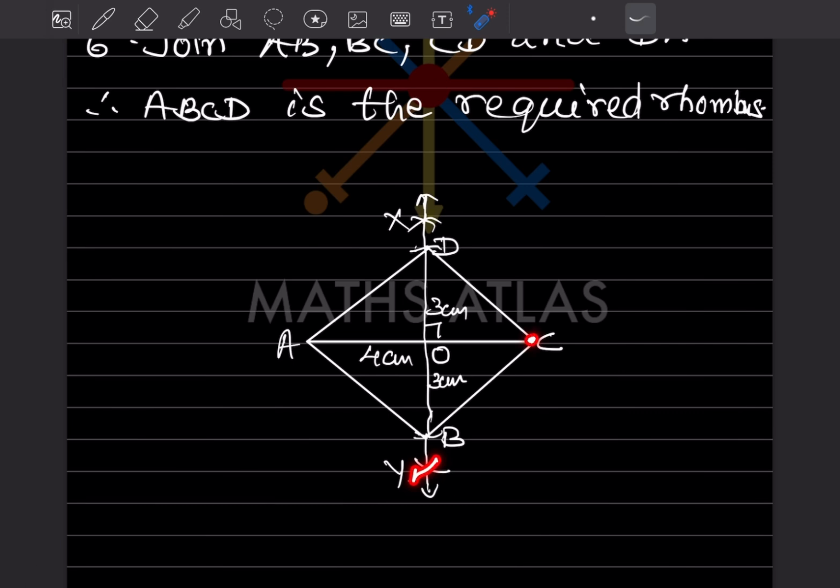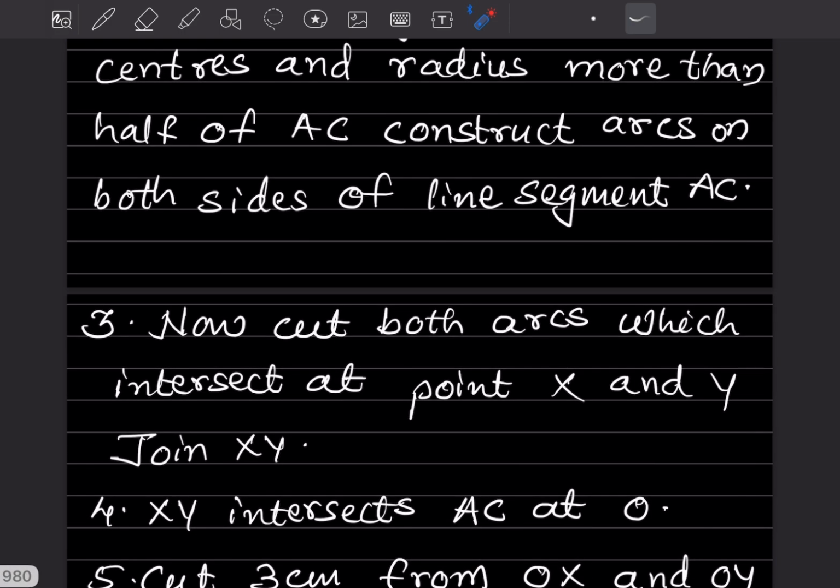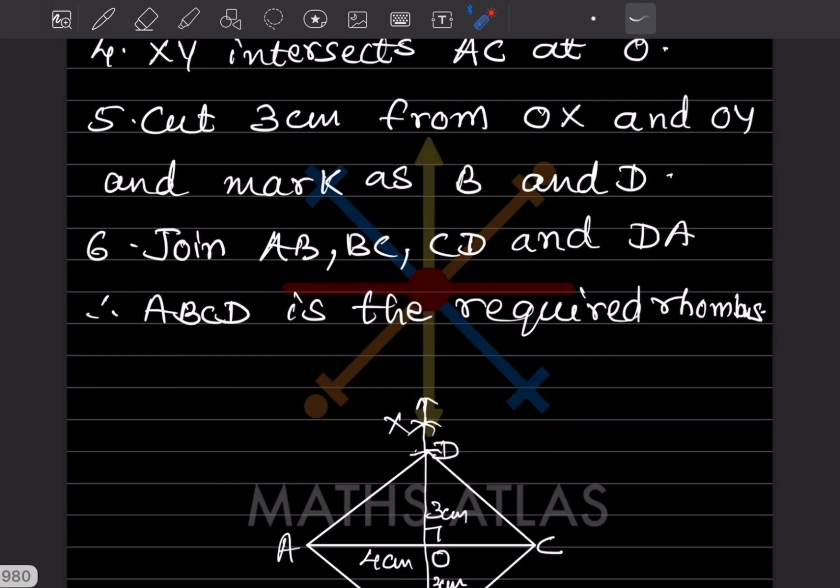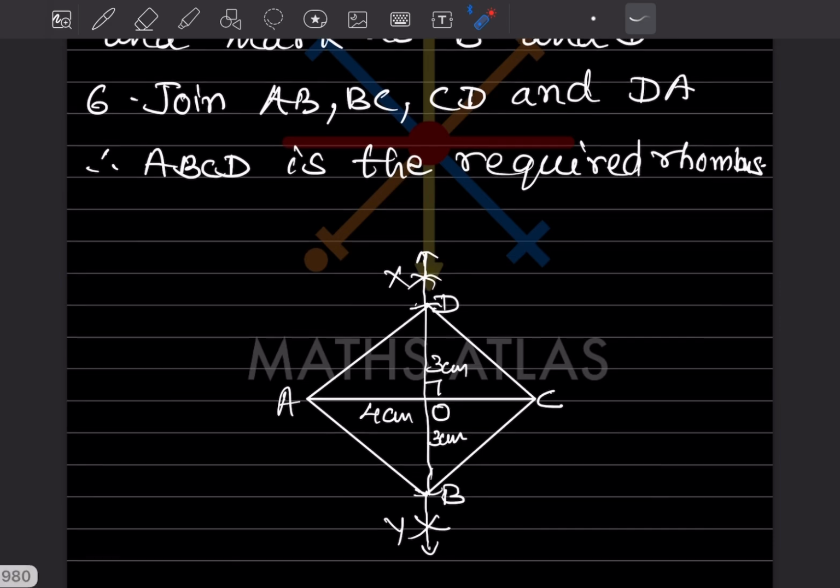Again from here you will take the same distance, whatever you have taken from A, and you will draw this arc and this arc. And then this is the point of intersection, and then you are going to draw a perpendicular line here. The next step is to cut both arcs which intersect at points X and Y and join. You are going to join them. So here this will be O.